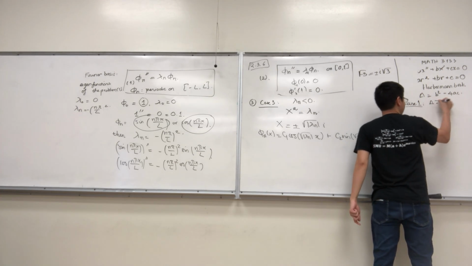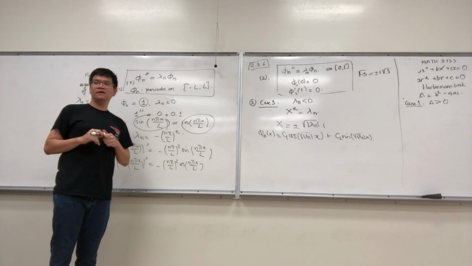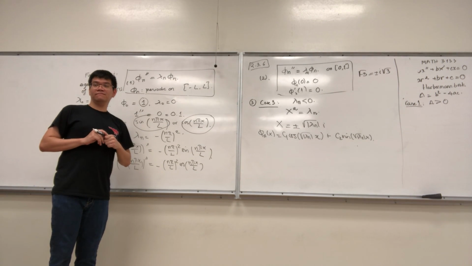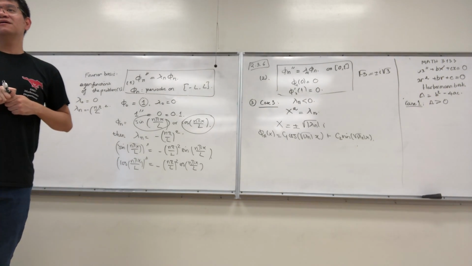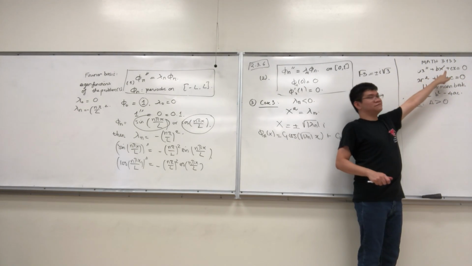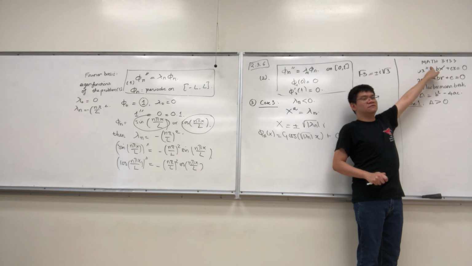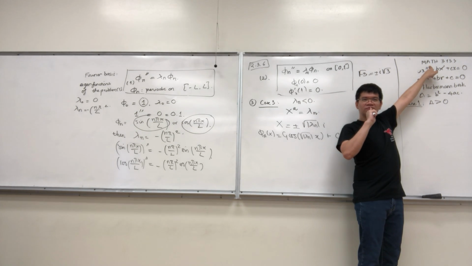delta is positive. What happens when delta is positive? You have two roots. I'm just asking, when delta is greater than 0, what are the two solutions of this second order differential equation? e to the plus square root of delta t and e to the minus square root of delta t.